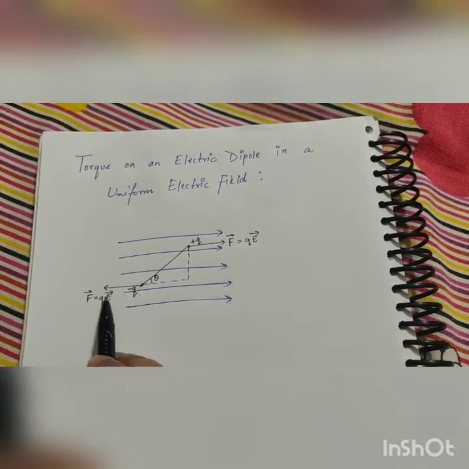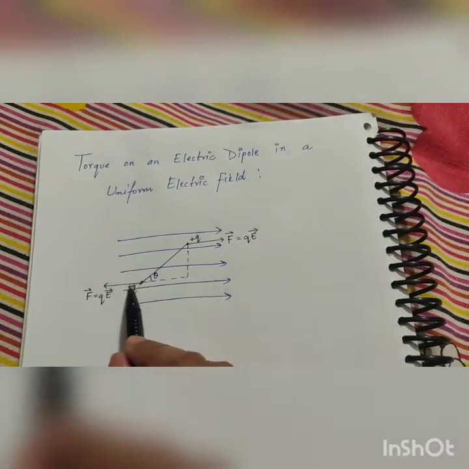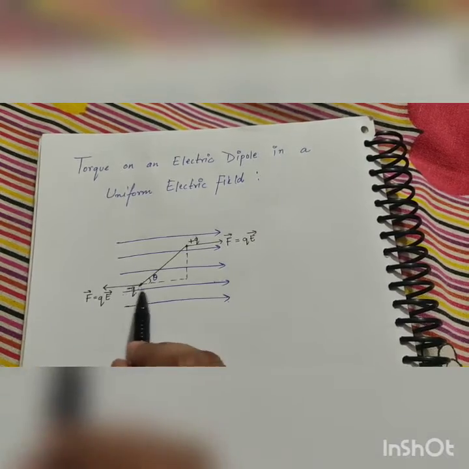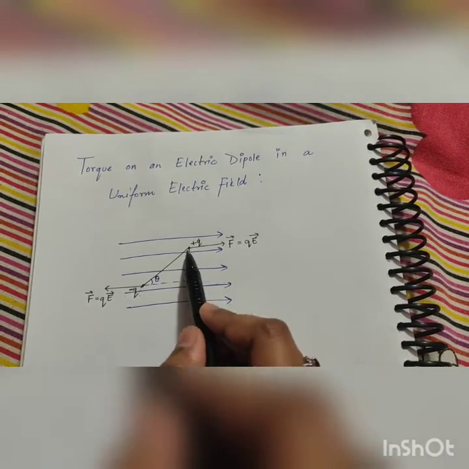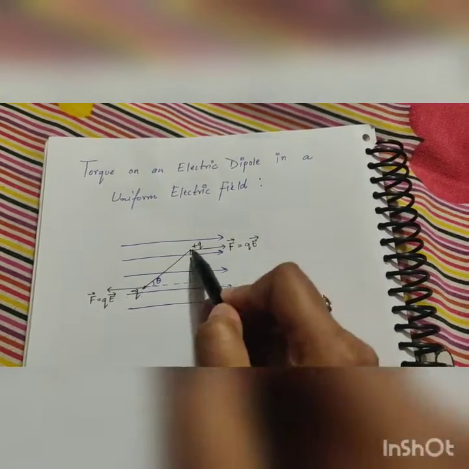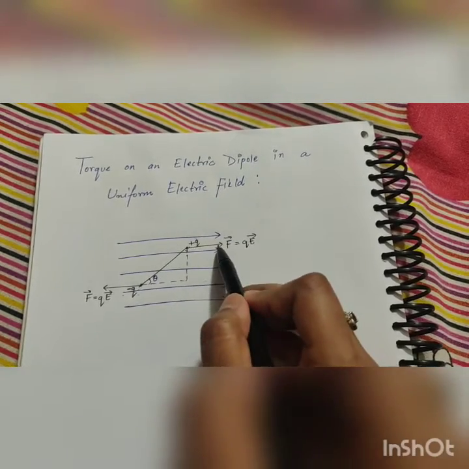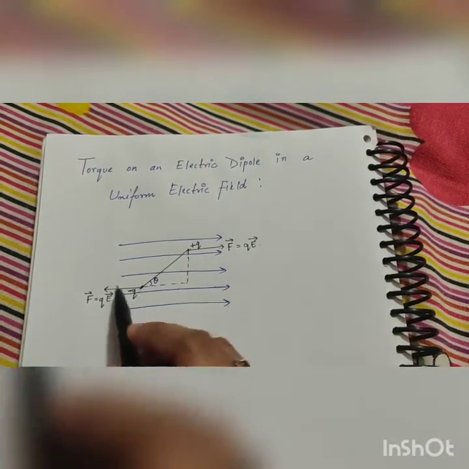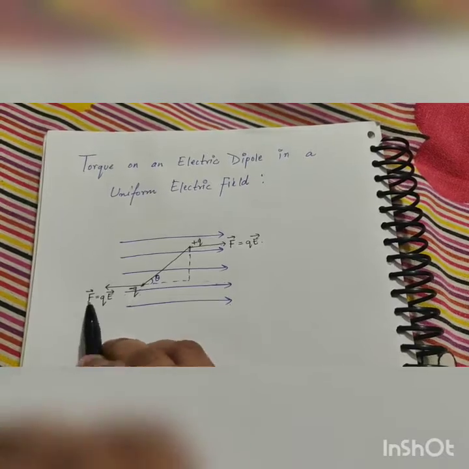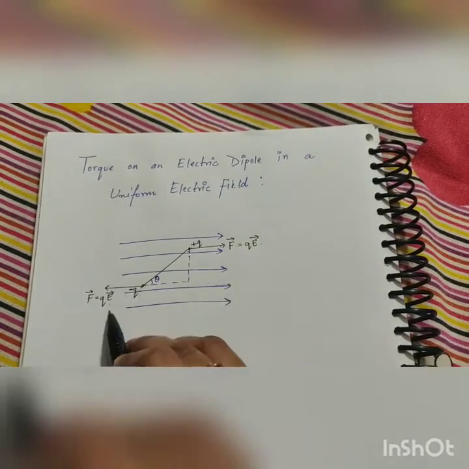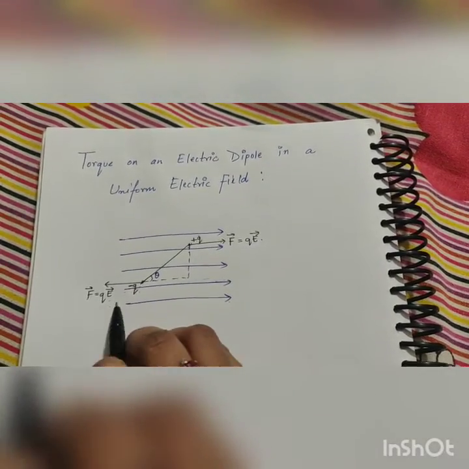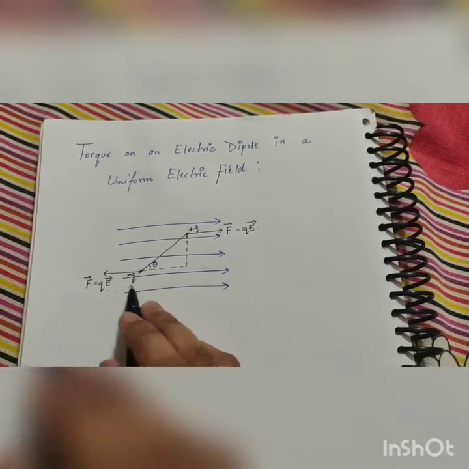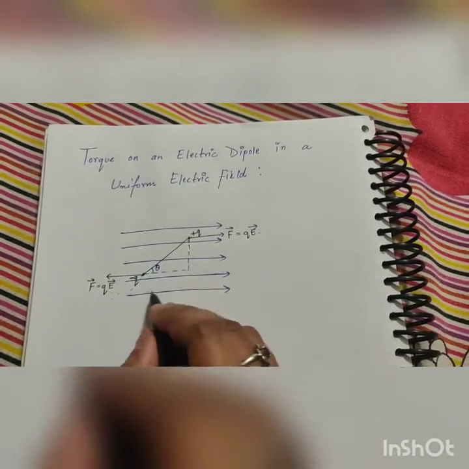Now the force experienced by this minus q will be in this direction, which is against the direction of the electric field, and the direction of the force on this plus q will be in the direction of the electric field, that is qE. And we can say that this F and this F have the same magnitude, but they are in opposite direction, which will act as a couple of forces, which will give rise to the torque.